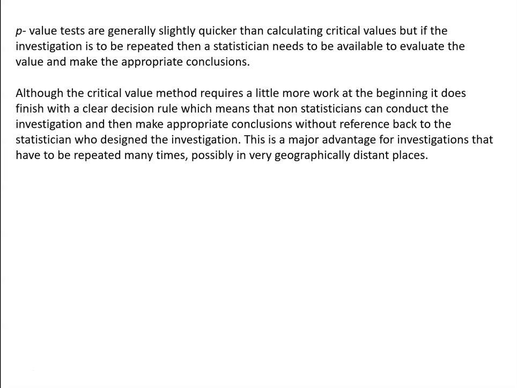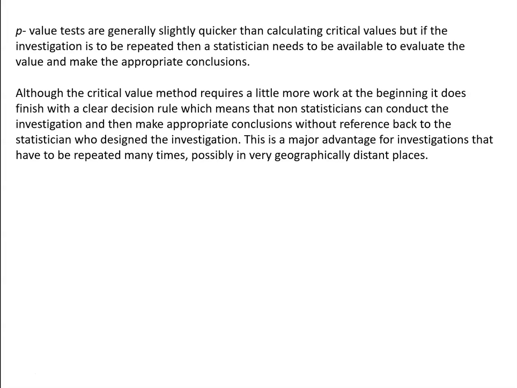Although the critical value method requires a little bit more work at the beginning to set up, it does finish with a clear decision rule, which means that people who aren't statisticians can conduct the investigation and then make appropriate conclusions without needing to refer back to the statistician who designed the investigation.